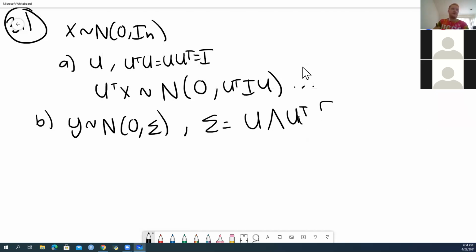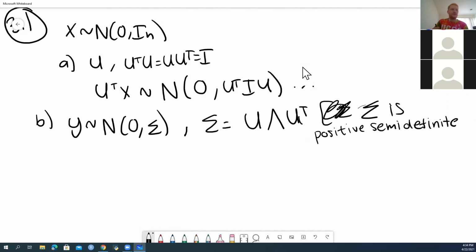Those are things to remember. Actually, I think we kind of proved that through this problem. So sigma is positive semi-definite and symmetric. That's just a fact for covariance matrices.